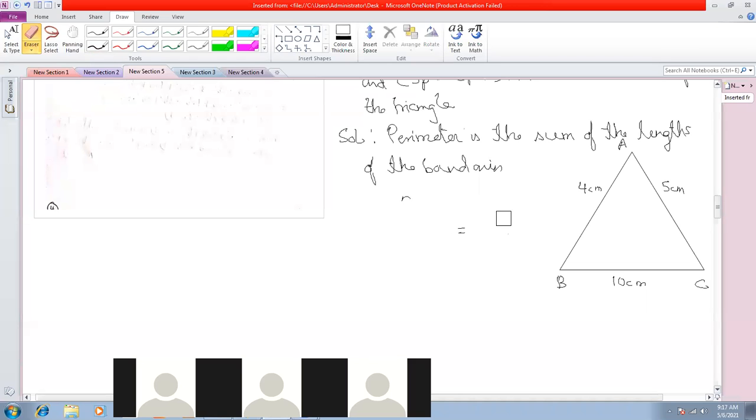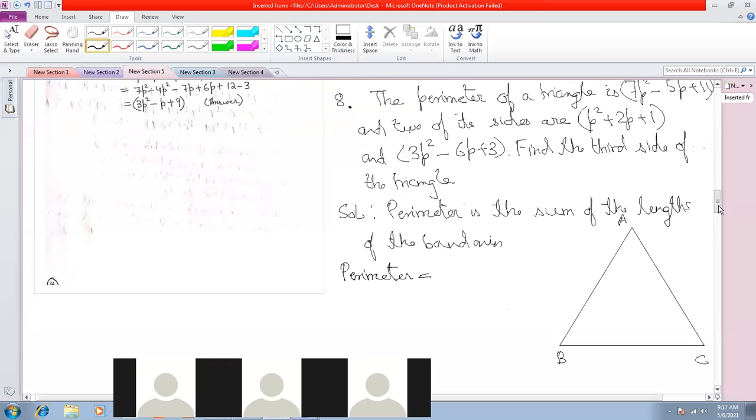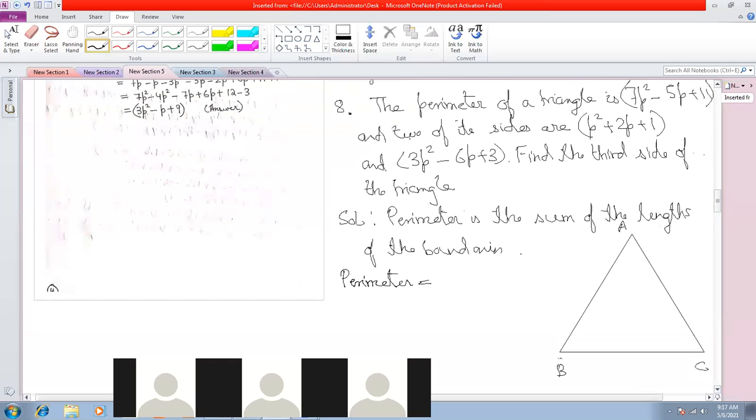Now let's see in the light of this problem what the perimeter means here. The perimeter is given to be 7p square minus 5p plus 11.